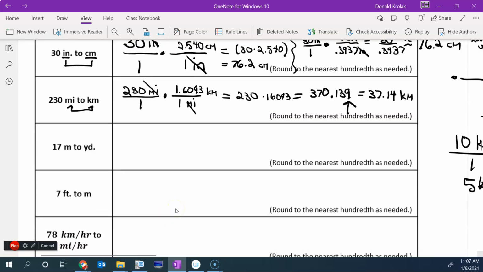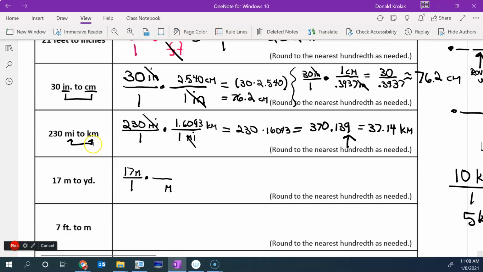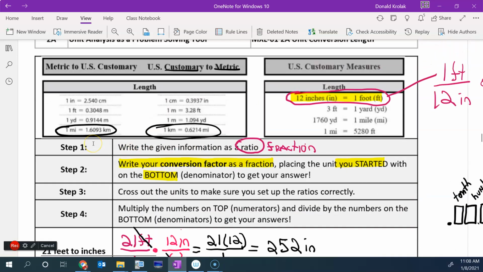All right. So we got 17 meters. I know my next line here, I want to have a meter on the bottom. I can use either one of these. There's yards and meters.